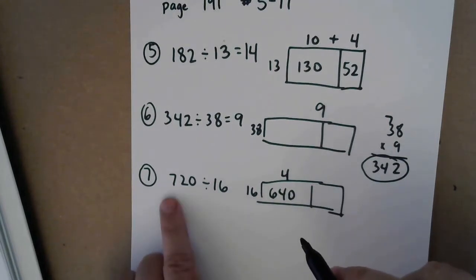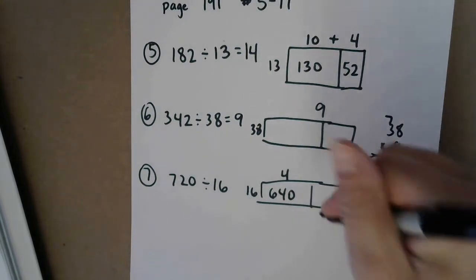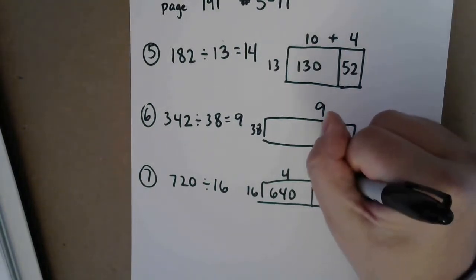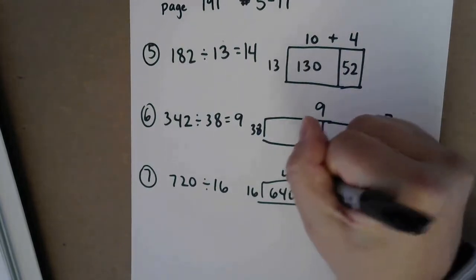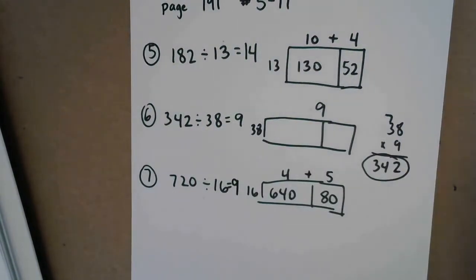If I have 640 and 720, 720 minus 640, that's going to give me my leftover part here, and that's 80. Now you might think, well, wait a minute. 16 and 80, those are compatible numbers, right? If I take 80 divided by 16, I get 5. 5 times 16, I get 80. So 80 divided by 16 is 5. I have 4 plus 5. 4 plus 5 is going to equal 9. So my answer to this problem is 9.